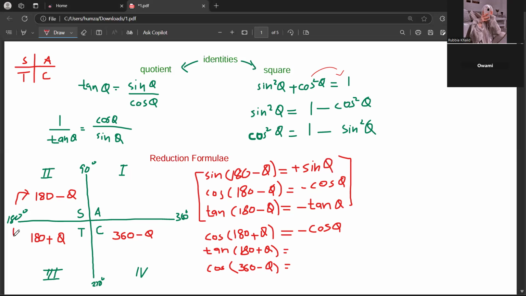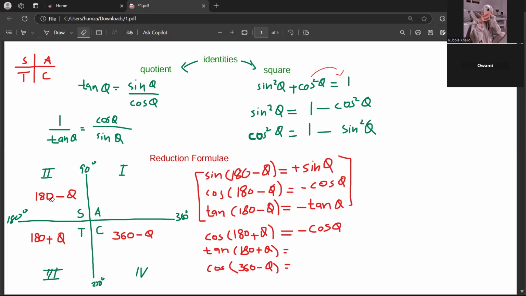If we go anti-clockwise towards this side, there are all the values which are bigger than 180. That's why we say that 180 plus theta will live in this quadrant. If we subtract an angle from 180, the value will be less than 180 degrees, right? That's why we say that 180 minus theta lives in the second quadrant.